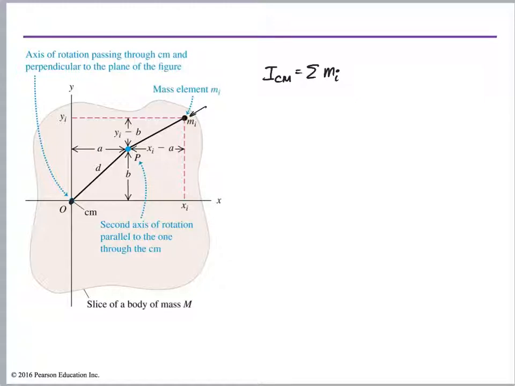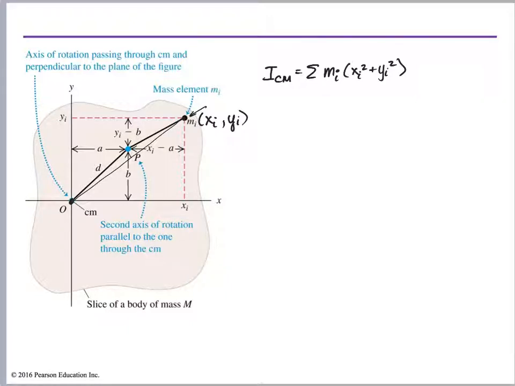Well, the radius would be measured from the origin to where the mass is, and that would be like an r, like here. And that would also be given by x sub i squared plus y sub i squared, because that's the coordinate of that mass. That's where it is.